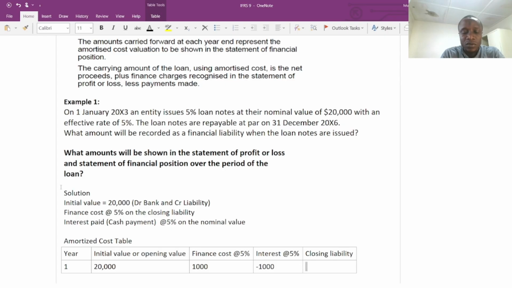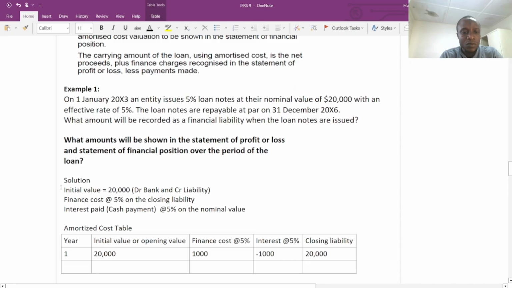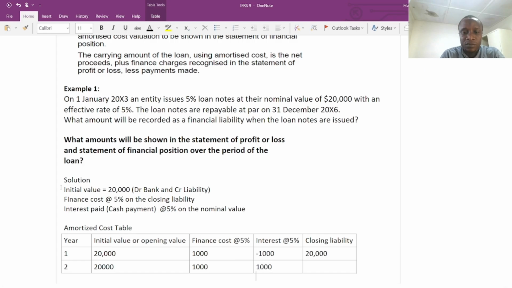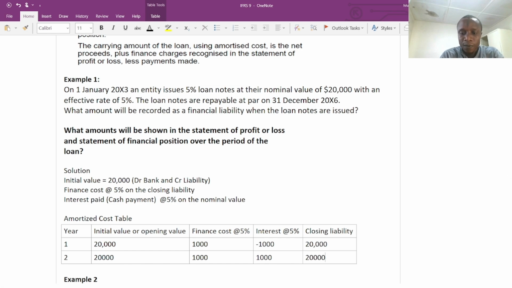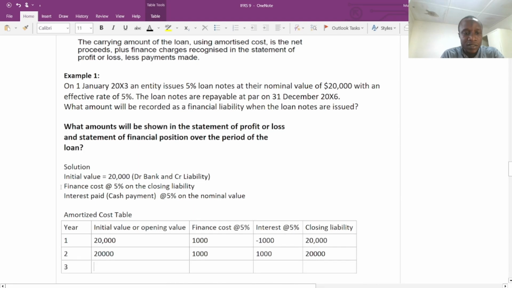So therefore, the closing liability will be 20,000. So year two will be the same, 1,000, 1,000, 20,000 again. For year three will be the same, based on this question.